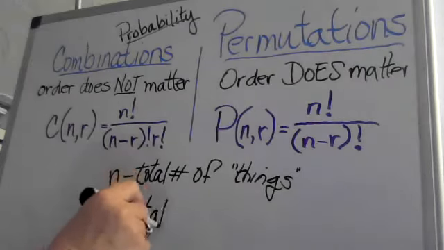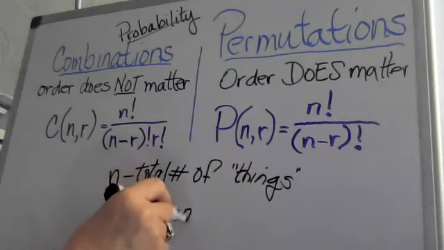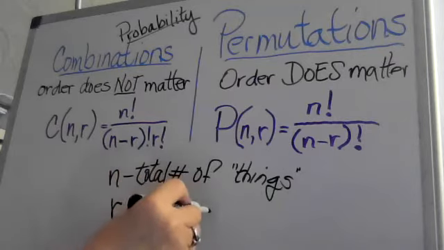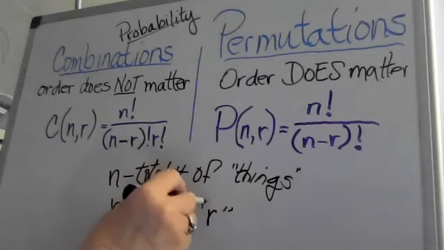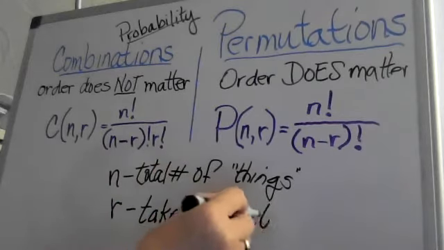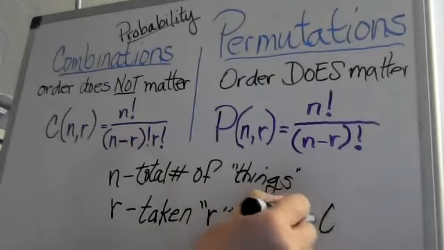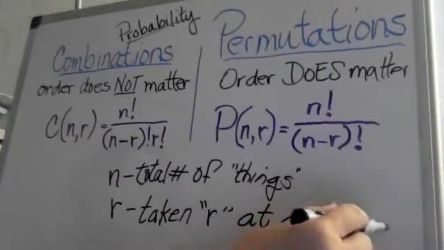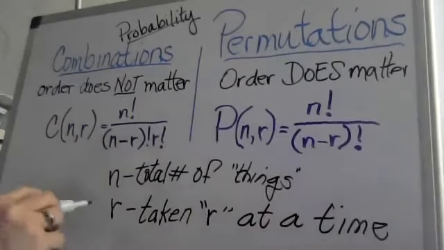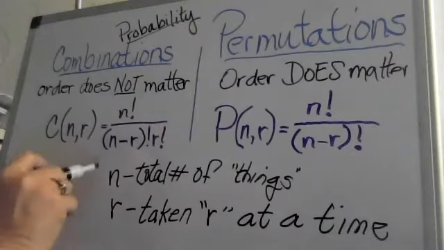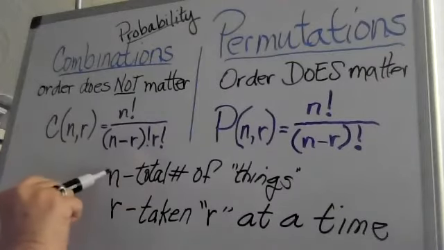this is how the wording will be in your problems: taken at a time. Which means in our fantasy question that I just started with, I said we have 7 people.